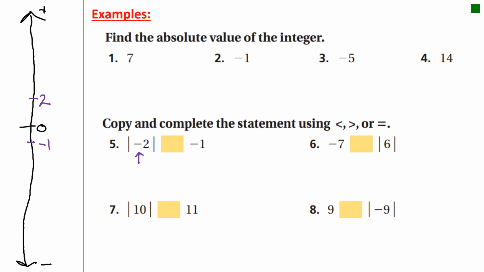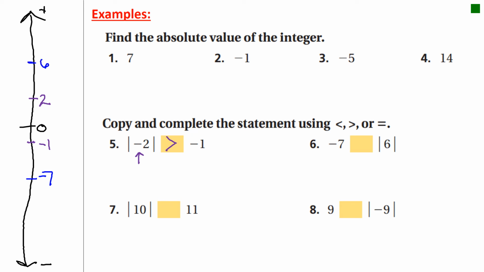All right, which one's bigger? The absolute value of -2. All right, 7, -7. -7 is further than -1, and the absolute value of 6, so the distance from 0 to 6 is 6.